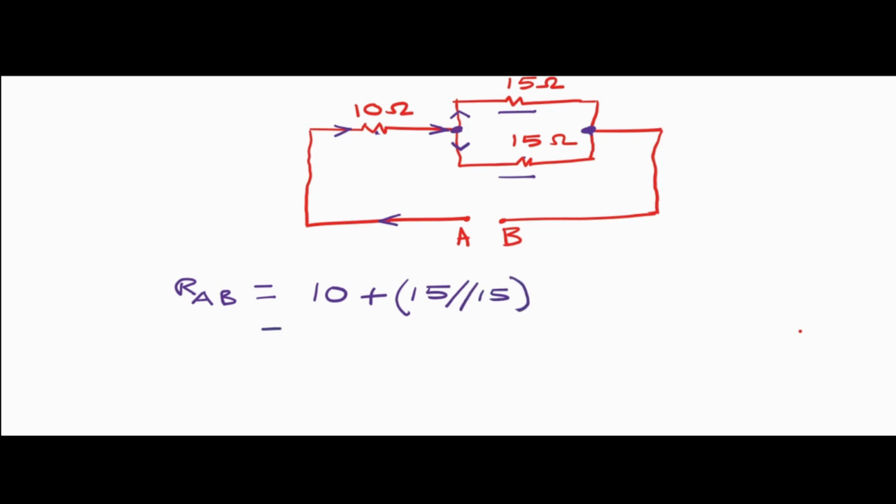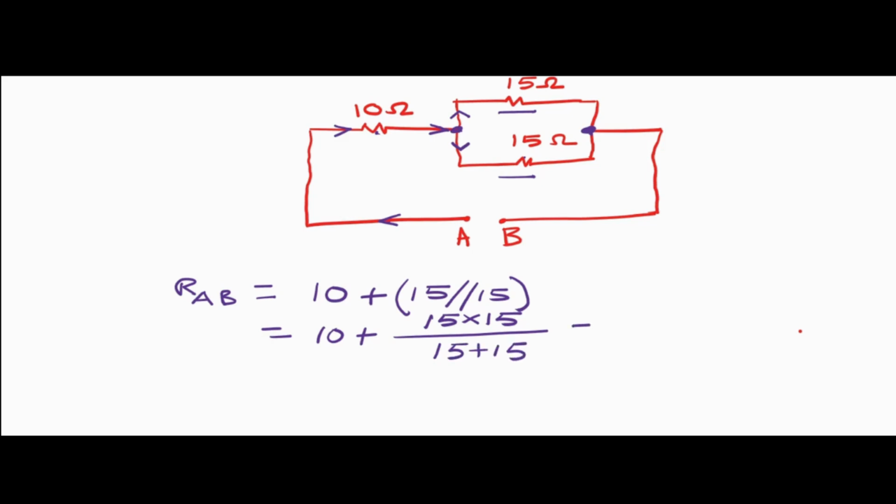What is the value? If two branches are parallel, one of 15 ohms and another of 15 ohms, as we have discussed in part 1, we multiply the two in the numerator and add them in the denominator, 15 plus 15.